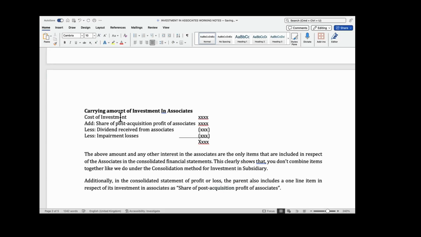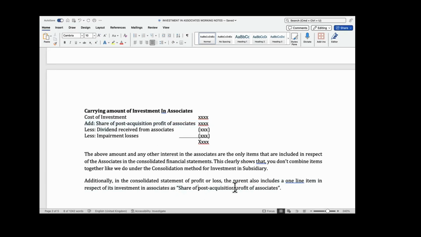So that's like the second leg of this: your share of associate profits that you add goes to P&L. They will not always be the same, because this one would show share of post acquisition.